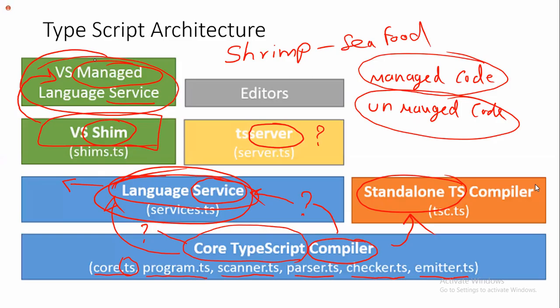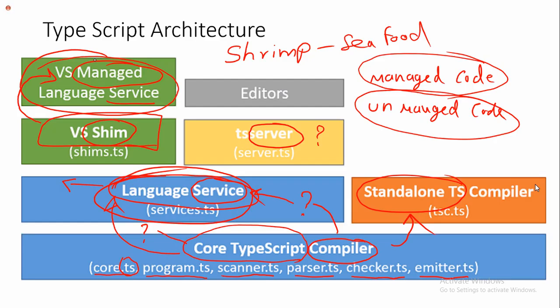The language service is not understandable to browsers. It is understandable only to TypeScript. Then how will it go to the browser? How can every browser understand it? Every browser can understand if it is cross-platform. The language service is only for TypeScript, and the managed language service is for both, so JavaScript and TypeScript can both be understood.